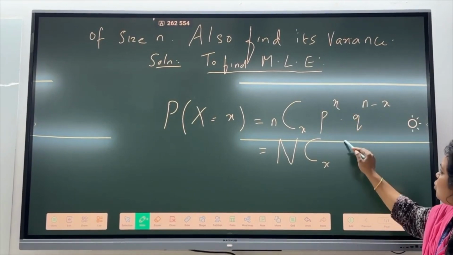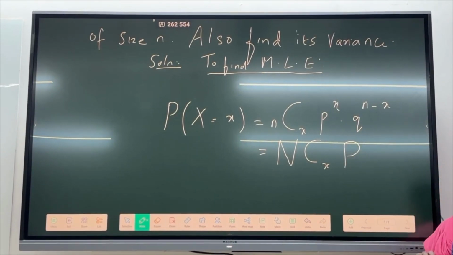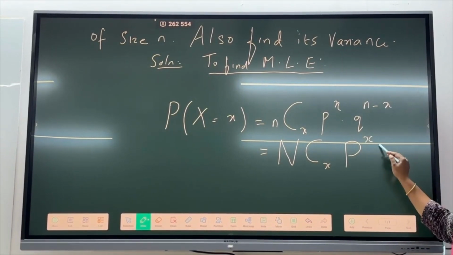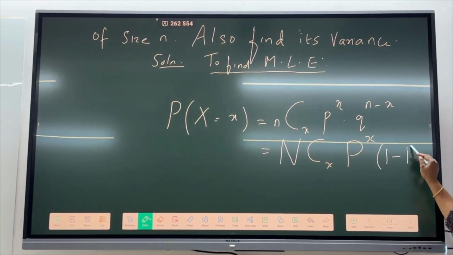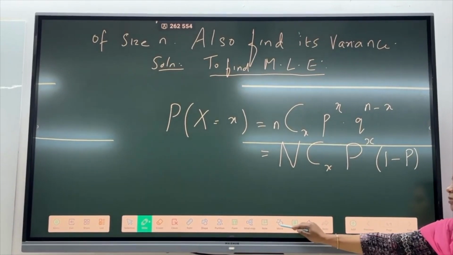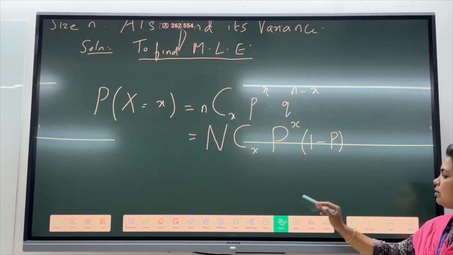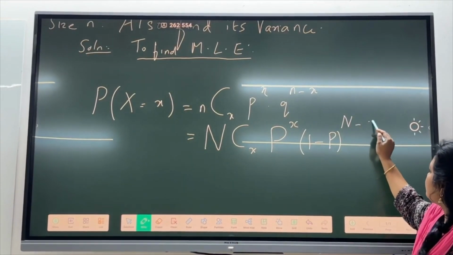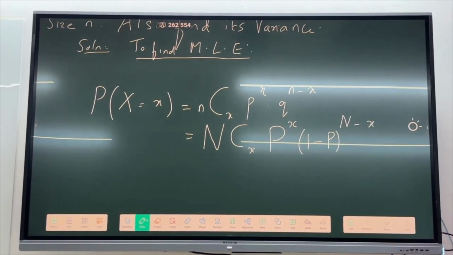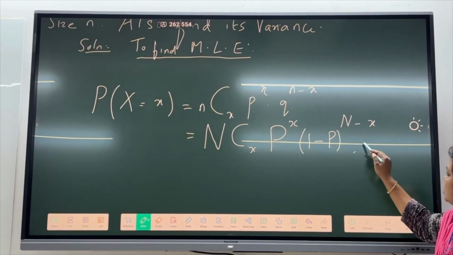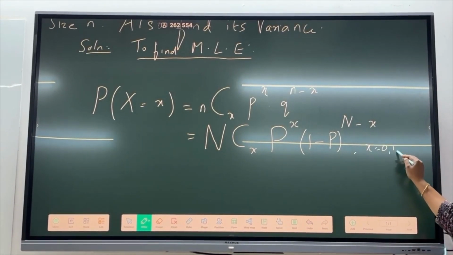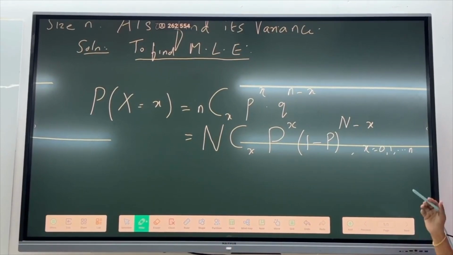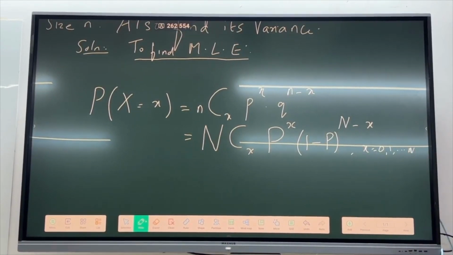Small p will change to capital P, the parameter given. Q is changed to 1 minus capital P, to the power N minus x, whereas x ranges from 0, 1, 2, 3, etc. Oh, sorry, capital, because the value is capital.